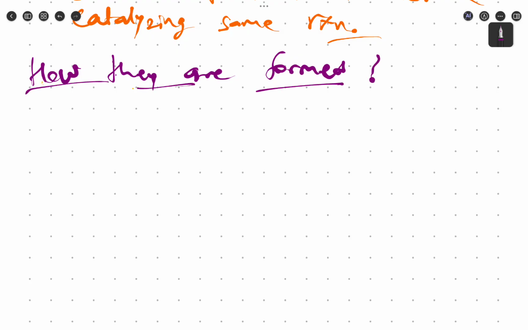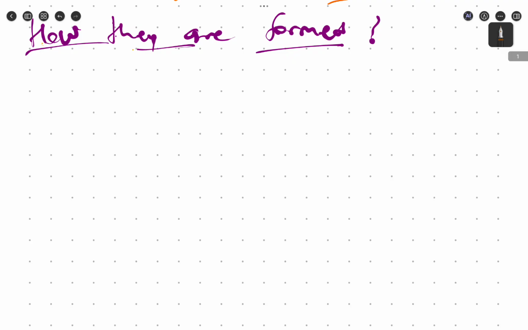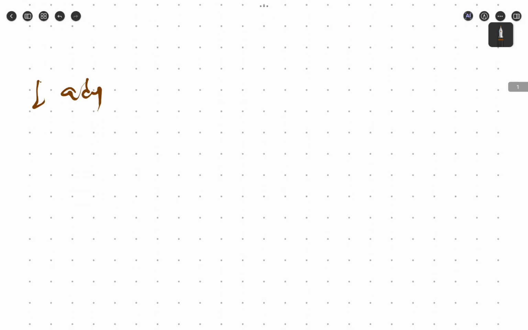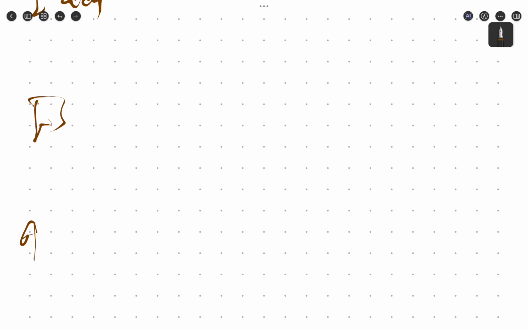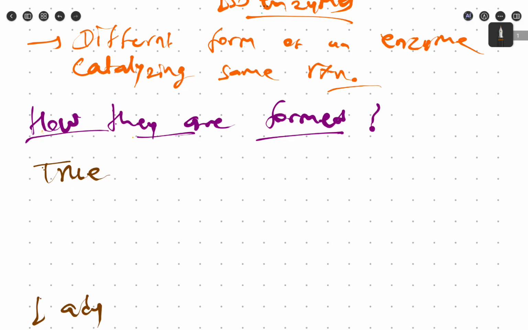So to remember how they are formed, we need to know our mnemonic: True lady, let it be somewhere. True lady is allowed. All right. So true means true isoenzymes.